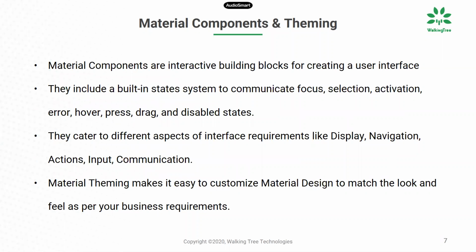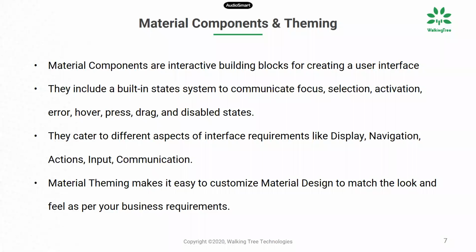So when we look at material components, those are the building blocks which help us to create a user interface, and it covers most of the aspects of a user interface and the user experience. So it has a built-in state system to handle the different states which a UX will go through.